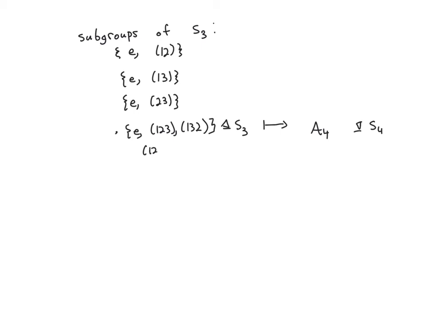You can check that (1 2 3)N and (1 3 2)N, the union of these two cosets, is the set of all 3-cycles in S4. So that's something you can check. That's actually kind of interesting.